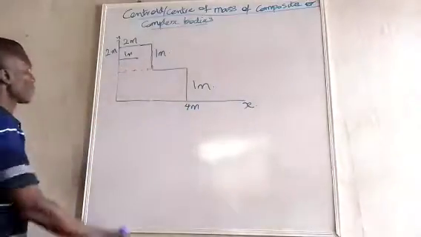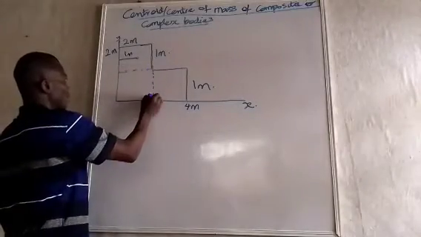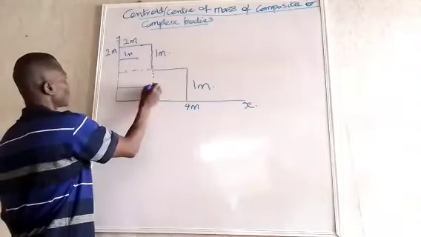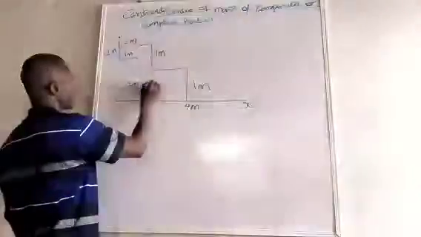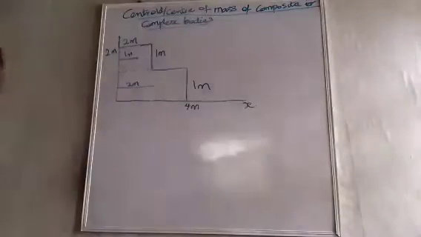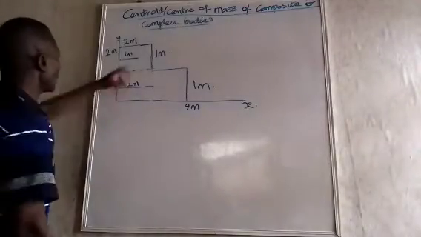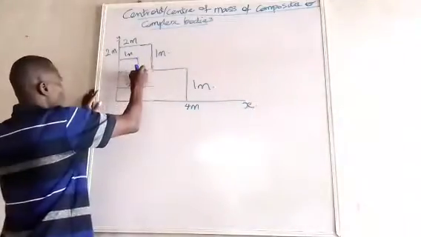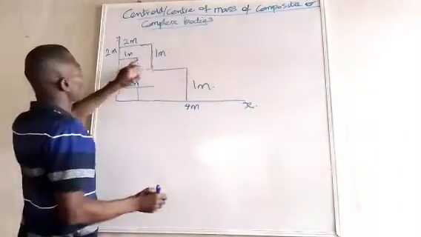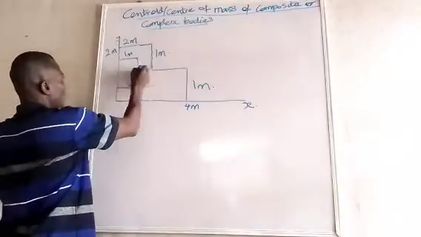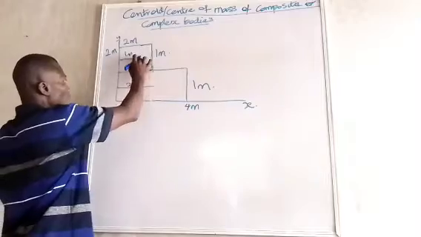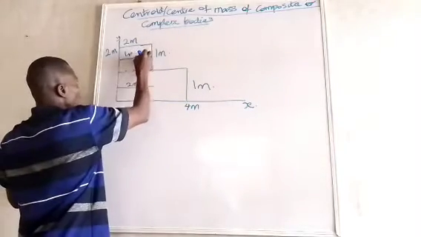For this lower one, the centroid is 2 meters from the y-axis. And for this one now, from this place to this place is 0.5. So 0.5 plus 1, so it's going to be 1.5 here.